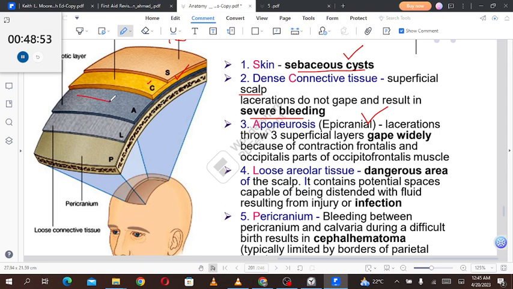So if there is a laceration like that, there will be contraction of the frontalis anteriorly and the occipital part posteriorly, and there will be a large gap.